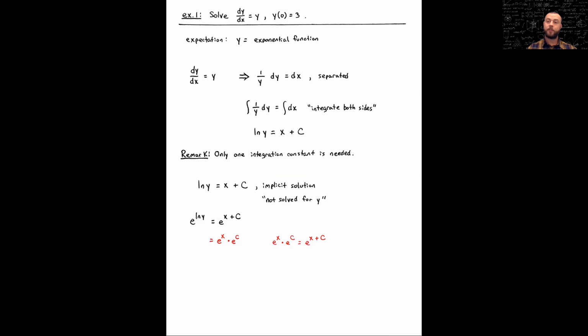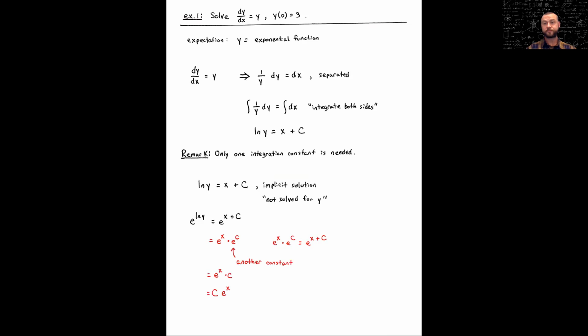All right, now the point of this is that there are a few different ways we can include the constant. Since we used exponent rules to rewrite this to contain e raised to the c, e is a constant, c is a constant. What's a constant raised to a constant? Another constant.